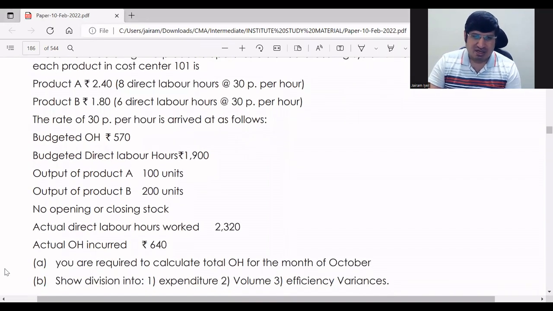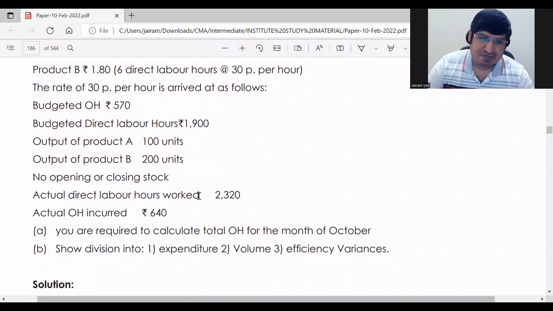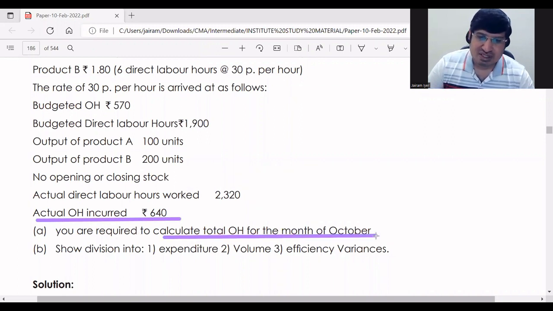So we'll see later on. Okay, and then actual overhead has been given. So actual overhead means the very last thing. The very last thing in our table is 640. Okay, directly. So calculate total overhead for the month and show division into expenditure, volume, and efficiency variances.